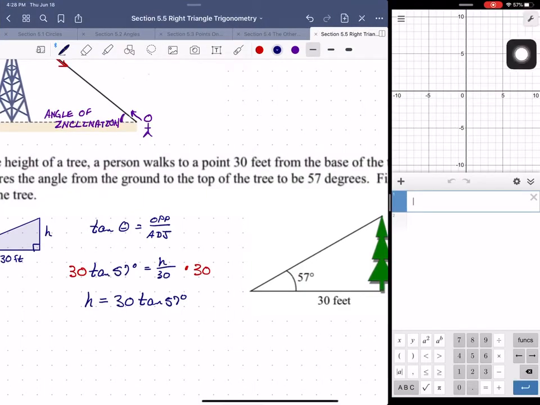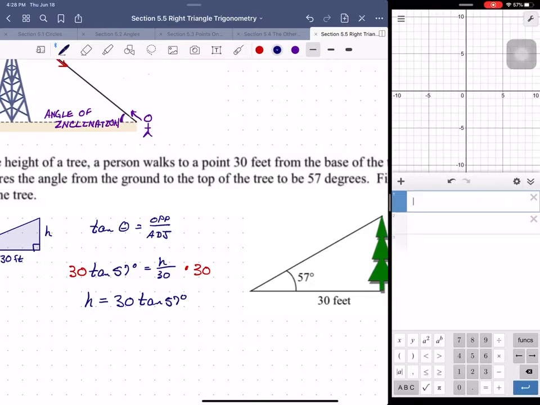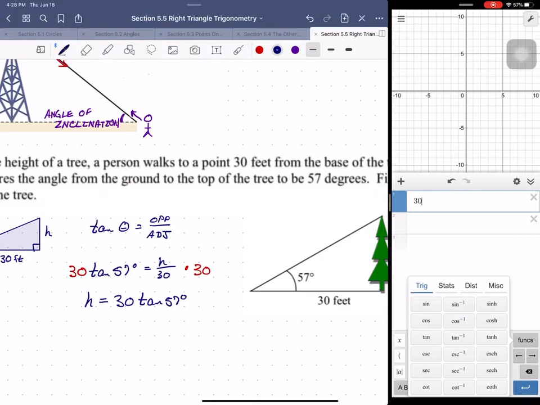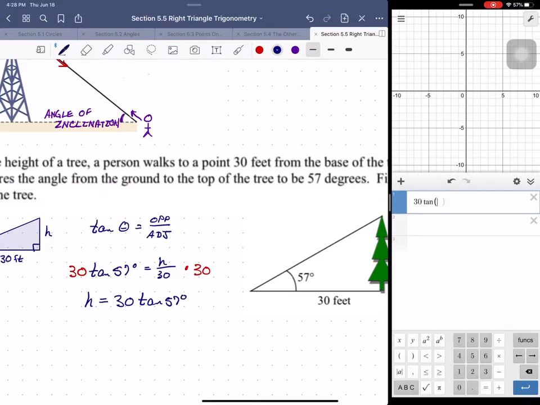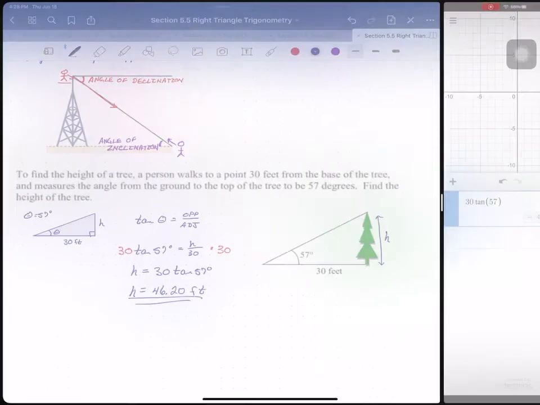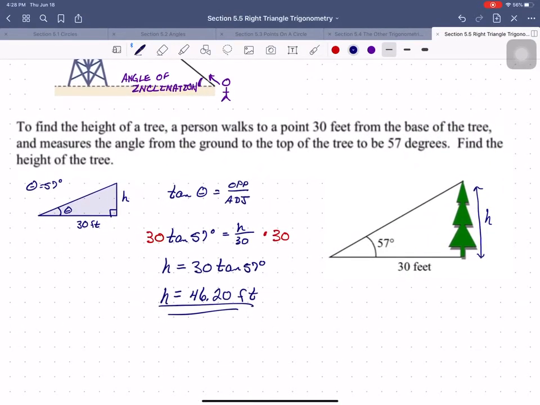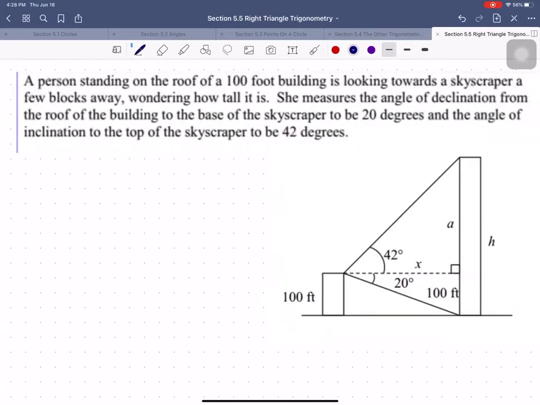So I've opened up Desmos, and I want to make sure I'm in degrees, and I can just type in 30 and then functions and then tangent 57, and I find out that my tree is 46.20 feet tall. Put my calculator away for a while. Not so bad. All right, let's try another one.